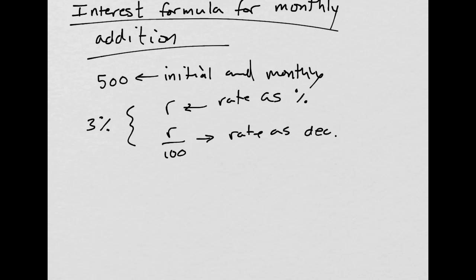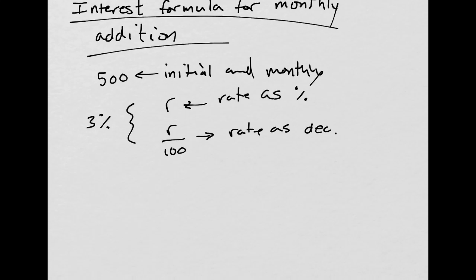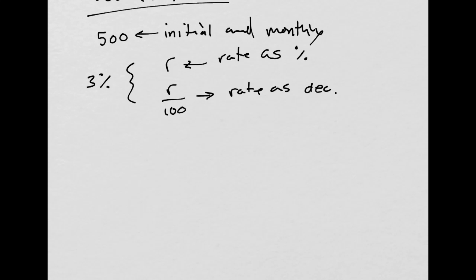And then let's see what happens. Okay, so immediately when I put in my $500, there's really no interest to calculate. There's nothing to add, but I'm going to be doing this per month. So after 1 month, I will calculate the interest.